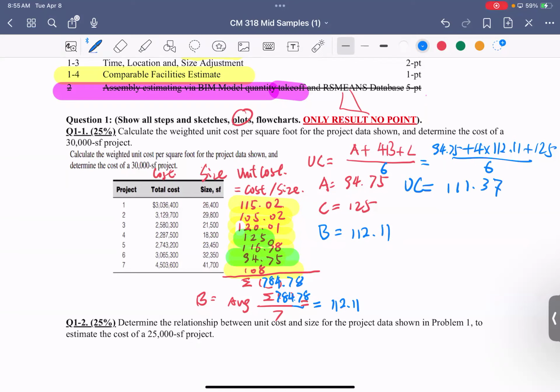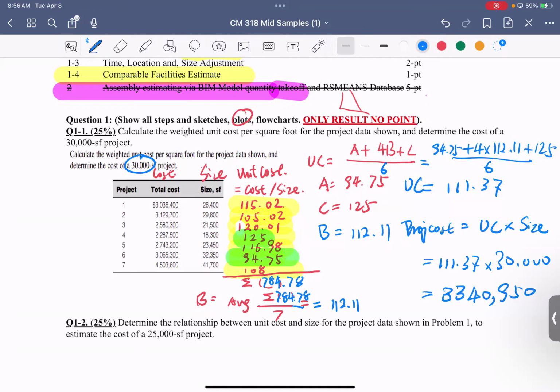Yes. Okay, then the project cost is UC times the size. So that will be 111.37 times 30,000. You will get 3,340,021.70. Is that a correct answer?